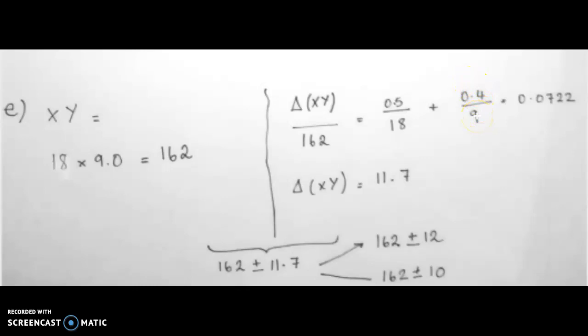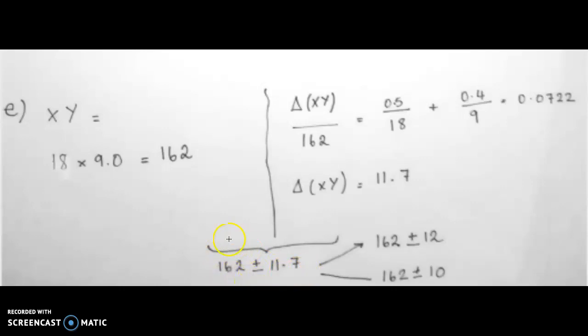Now that gives us a value of 0.0722. But we now need to multiply that value by 162 to give us delta xy. And when we multiply 162 times 0.0722, we end up with a value of 11.7. So our final answer is 162 plus or minus 11.7.